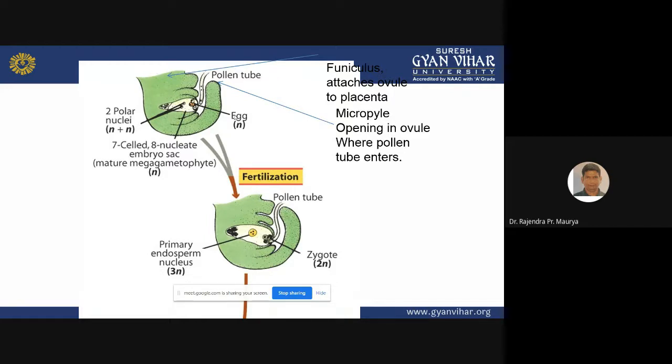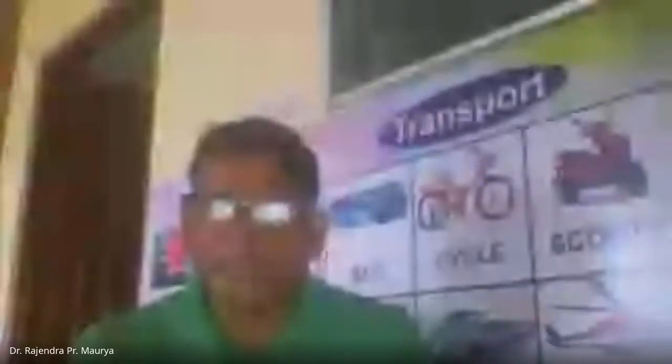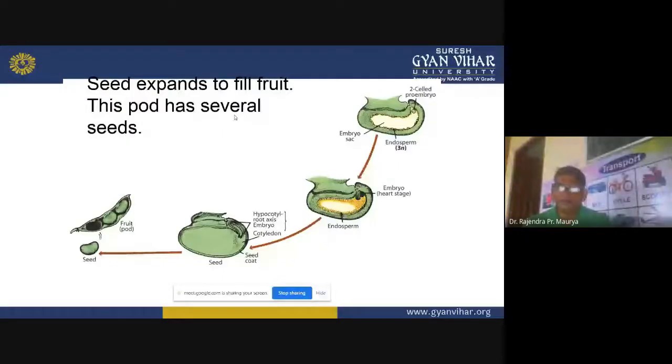So after that, what happens here? Fertilization, pollen tubes. So primary endosperm nucleus 3n and zygote. Then embryo or endosperm.